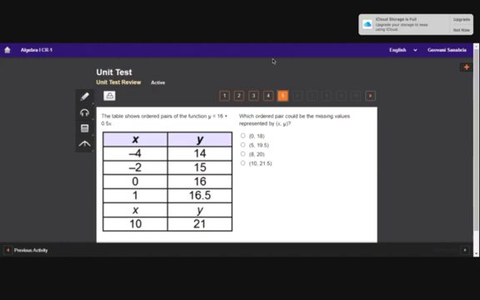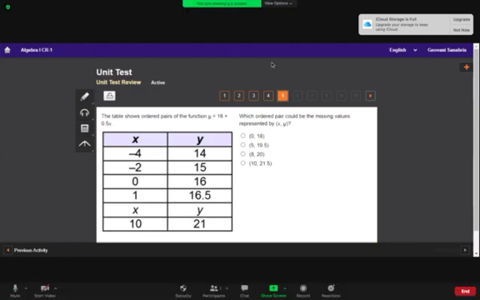So if I take y equals 16 plus 0.5x and plug in a 0 because that was the x coordinate, do I get a y value of 18?